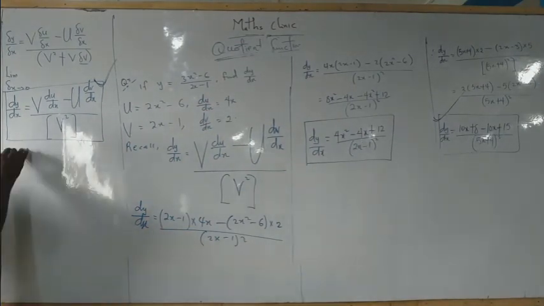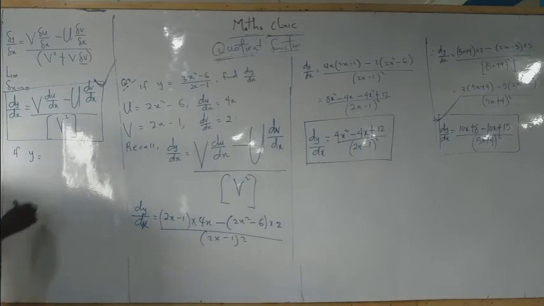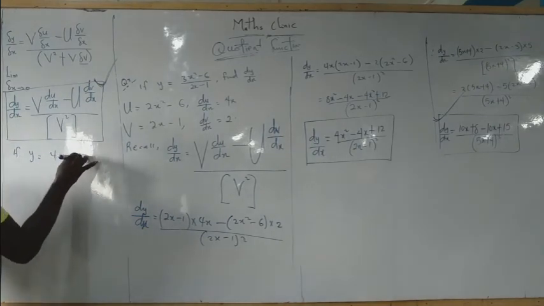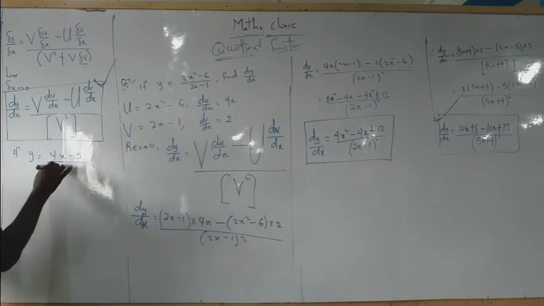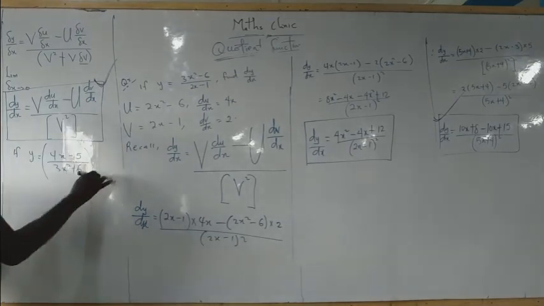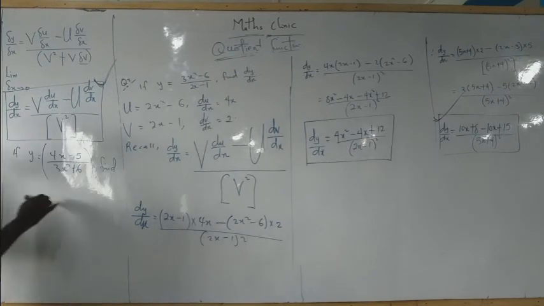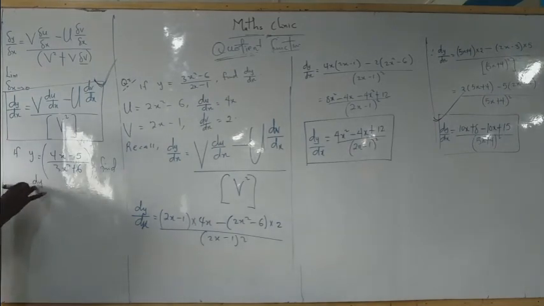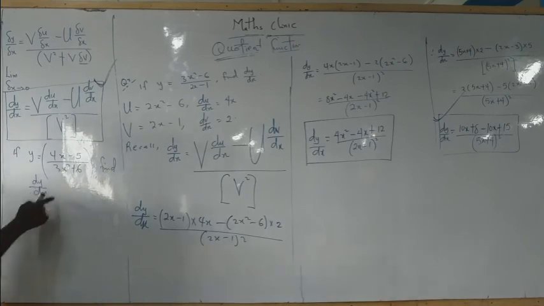Try this. If y equals 4x minus 5, everything over 3x squared plus 6, find dy over dx. Please try this and send your answer.